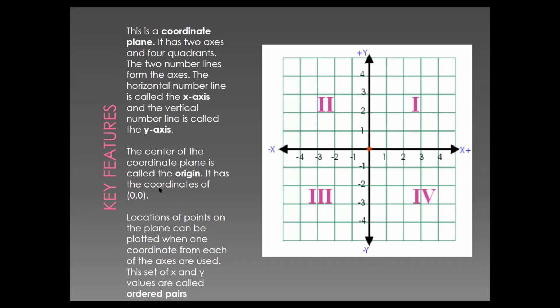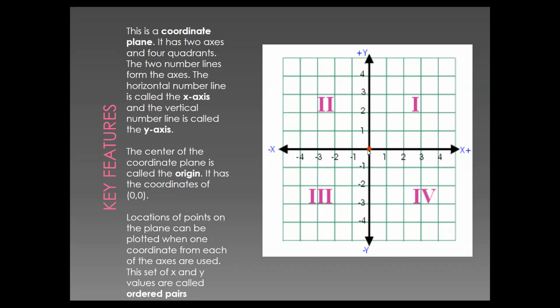If you look in this second paragraph, this point 0, 0 is where both of those number lines cross. That's called the origin. That's where we start every time we're ready to put a point on a graph. We go to that origin and then we start our movements.